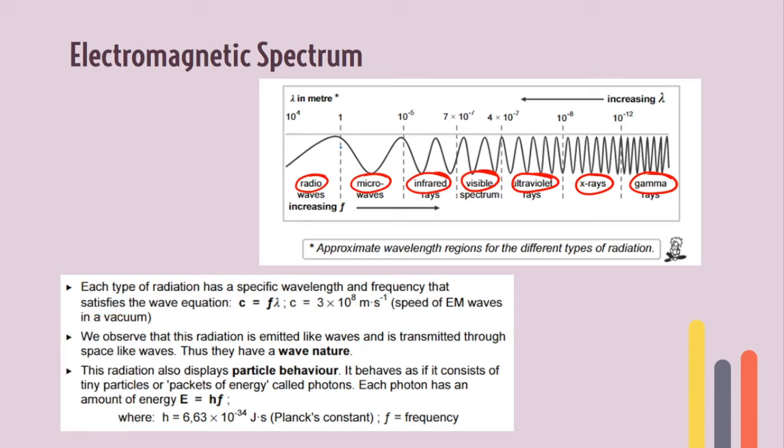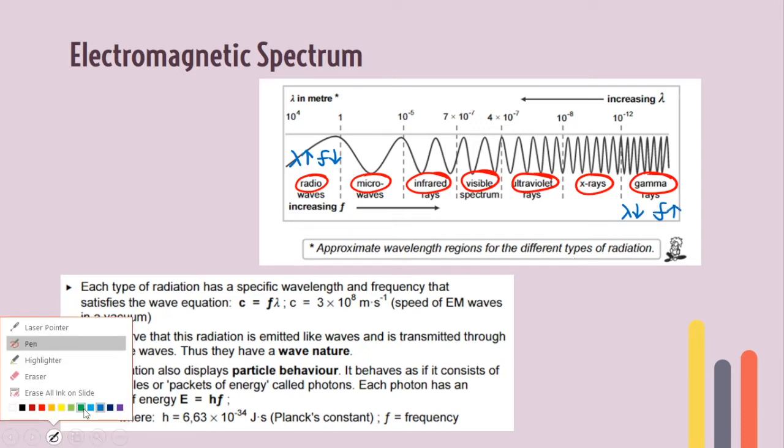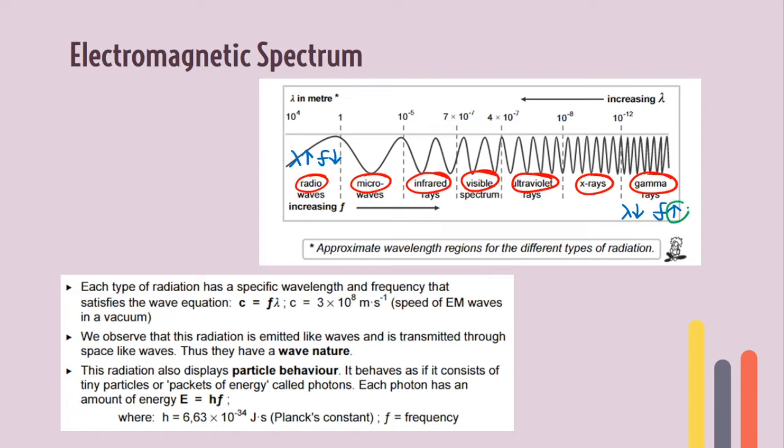Furthermore, you would have found out that radio waves have a very high wavelength, but their frequency is low. Gamma rays, on the other hand, have very small wavelengths, but their frequencies are high. From this, you would have drawn the conclusion that as the frequency increases, the wavelength decreases, and vice versa.